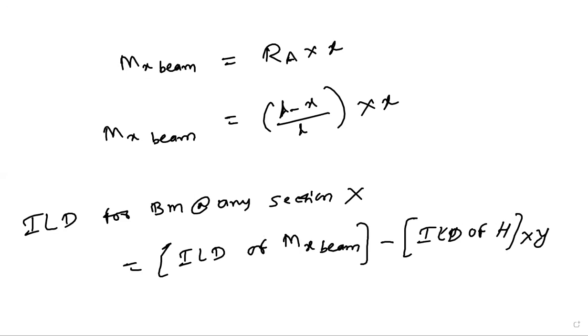Right? So now this is your ILD of bending moment about any section. Now we have to draw separately the ILD of both the cases, that is ILD of Mx of beam and ILD of H. Right? Shall I proceed?